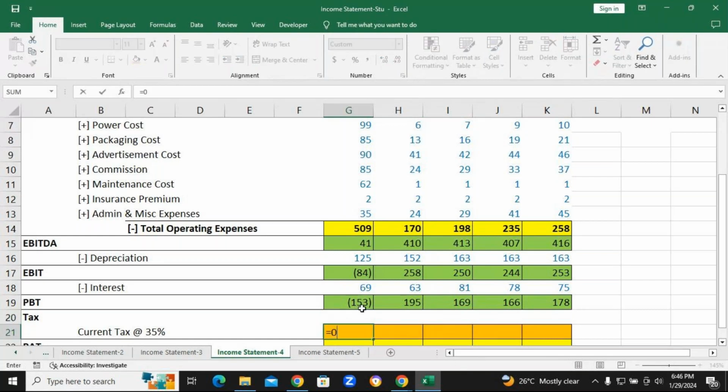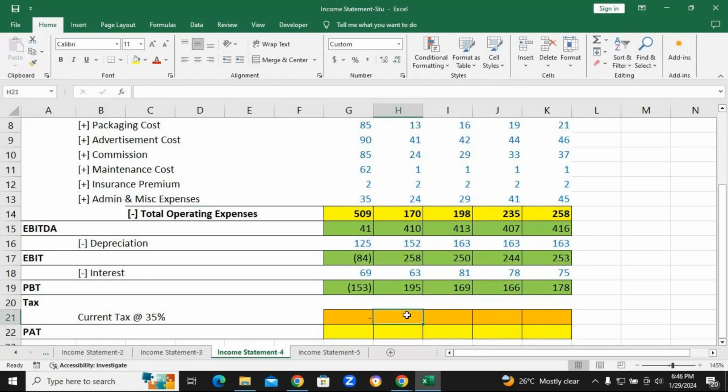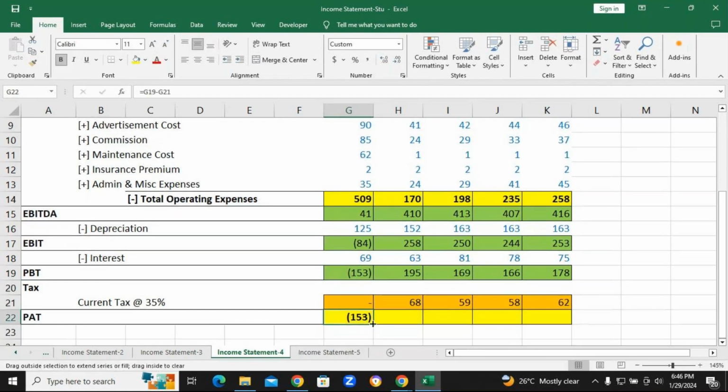Then equals 195 into 35% of tax, as they are telling it is 35%. Drag it towards my right. Profit after tax is PBT minus tax. So it is 153 and here I'll get the values.